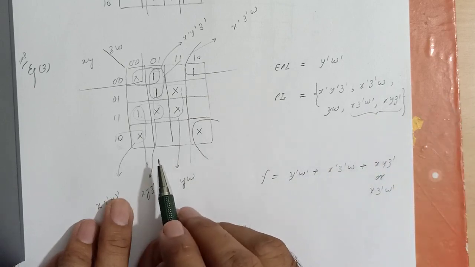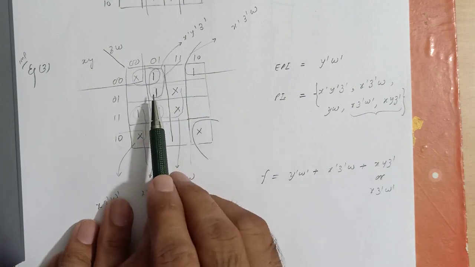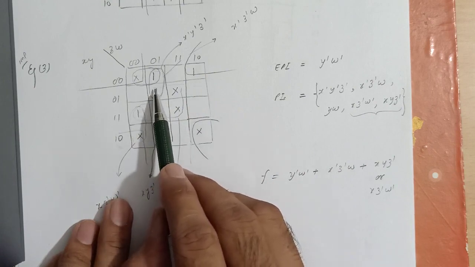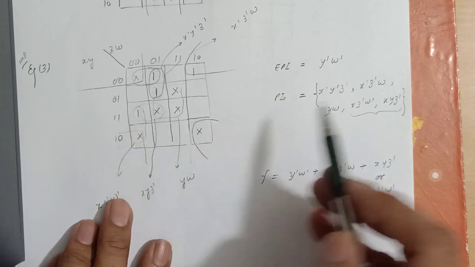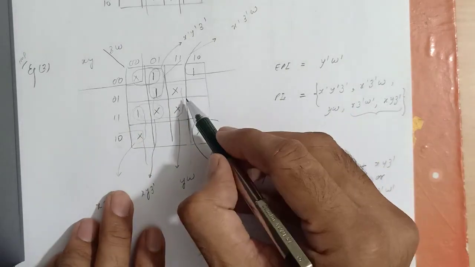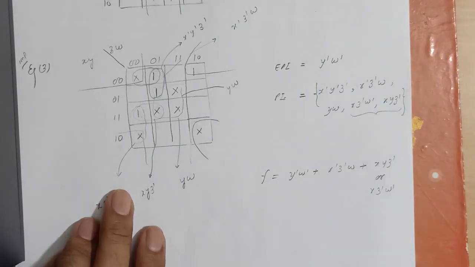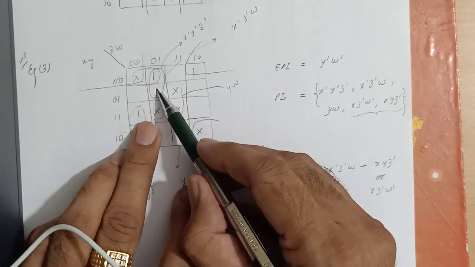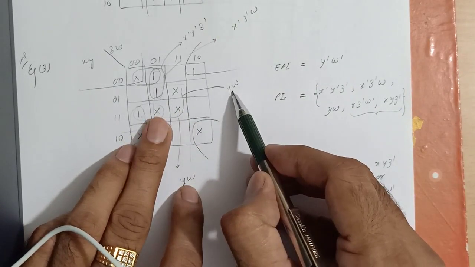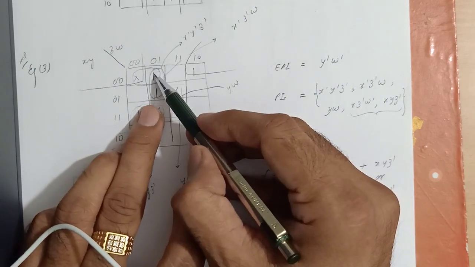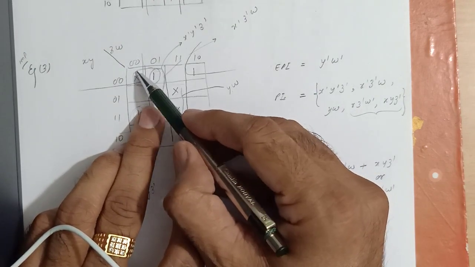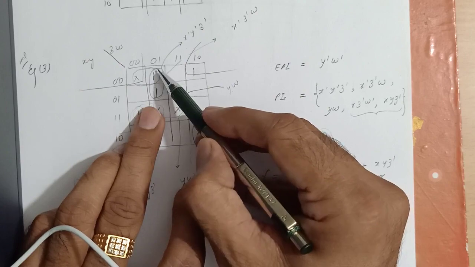Okay, so just suppose if I take the prime implicant that is having only two literals, which is YW. Okay, so in order to cover this one, we can select this prime implicant, but still for this one we have to select either this or this.